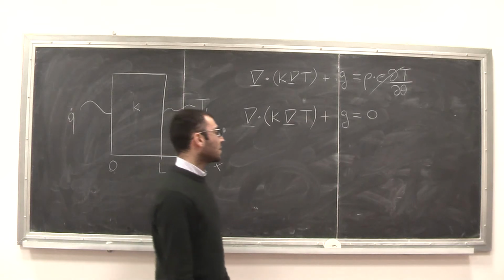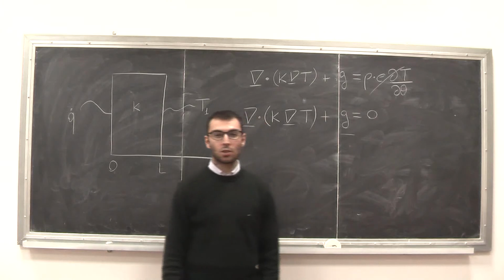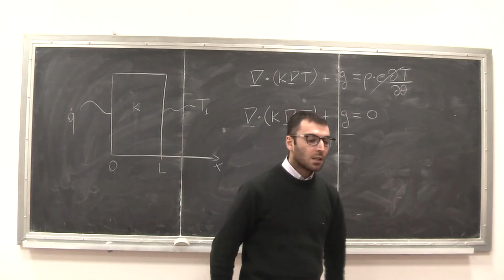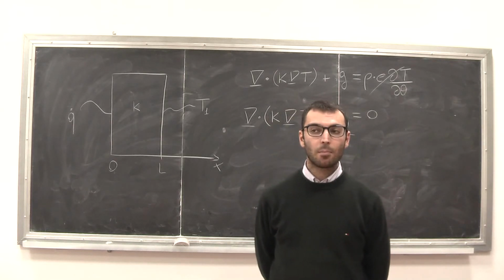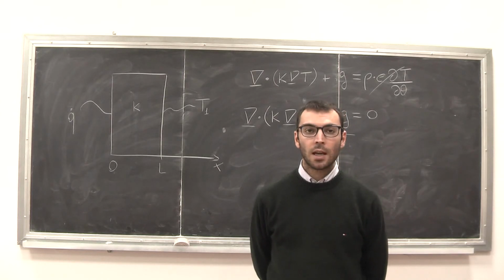Now, let's try to understand if we have volumetric heat generation in our domain. Volumetric heat generation is present, for example, when we have electric cables in a volume and these cables generate heat because of Joule effect. Or volumetric heat generation can be linked to chemical reaction.